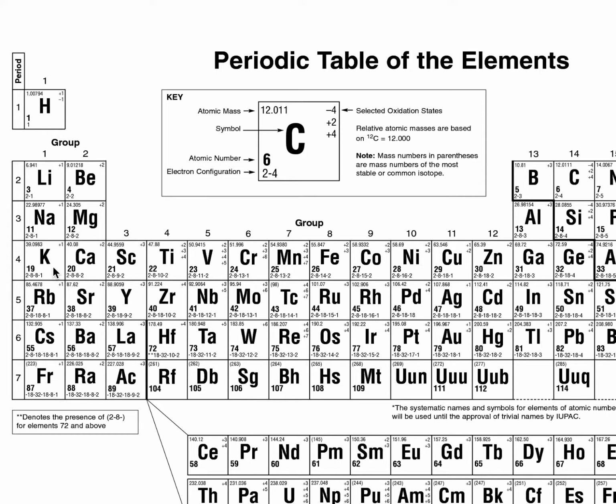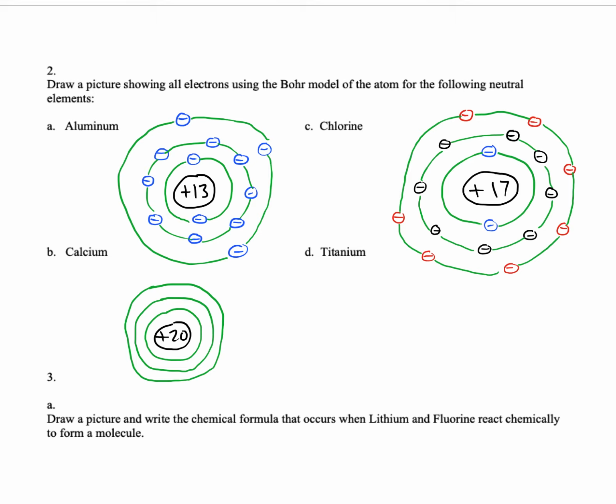So that means that it's got 2 electrons in its outer shell, because you count from the left, 1 in the outer shell, 2 in the outer shell, and so on. So these are called valence electrons, the electrons in the outer shell. And they are what matter most when it comes to how these elements will interact with other elements.